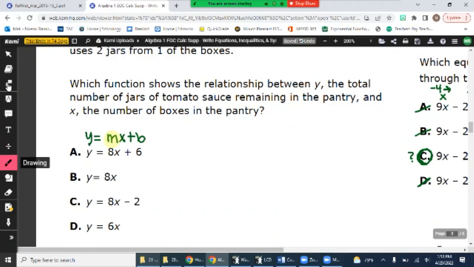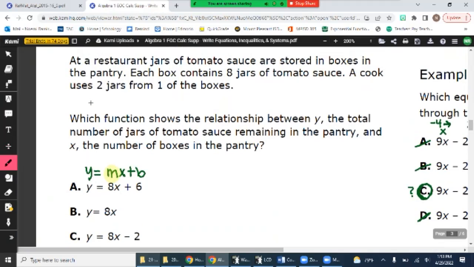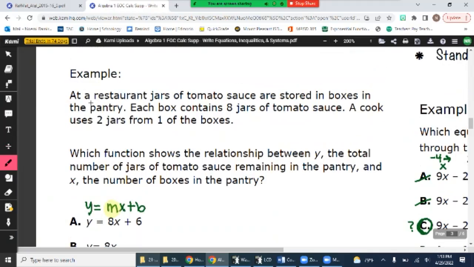Rate of change, rate, ratio, per, each, every. Where do you see one of those words? And what number do you see it next to? Each. We see the word each box, and there's that keyword that lets you know that each represents slope.